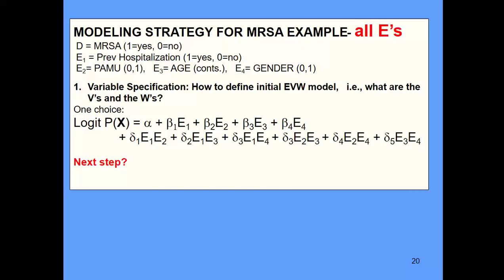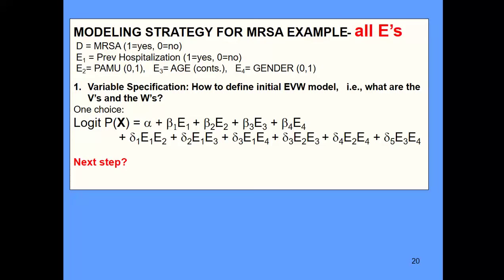Well, it's debatable to some extent. You might say, I might have to worry about some confounding of one E with another E, but I don't know enough about these E's to even suggest that. So you might say the whole business of the modeling strategy with the confounding and the precision for the V's, I no longer have to consider that.